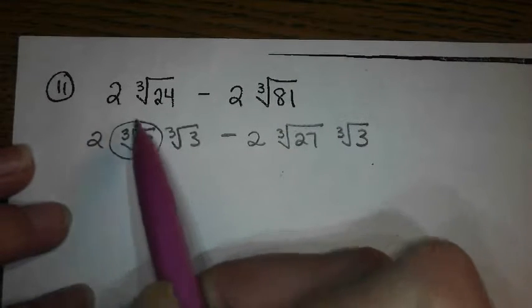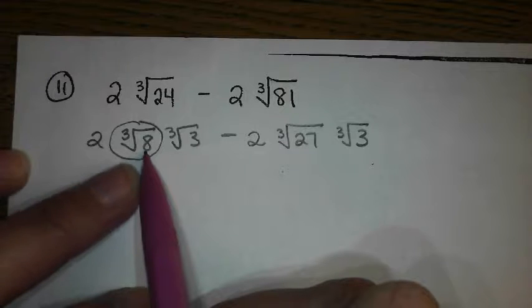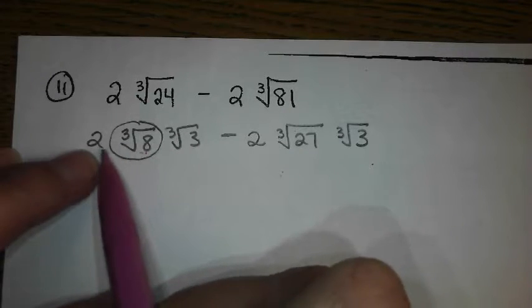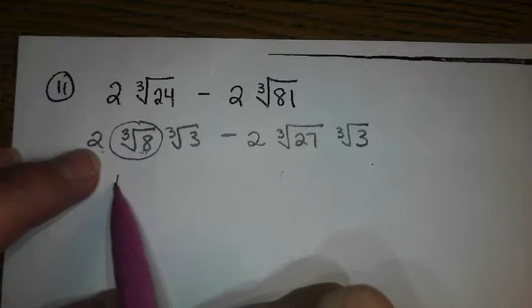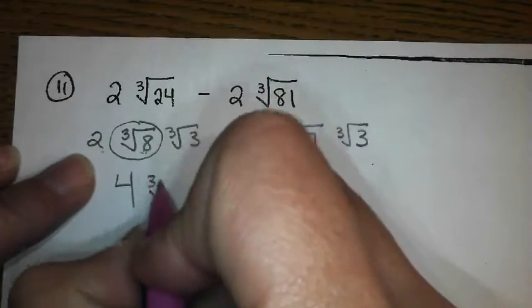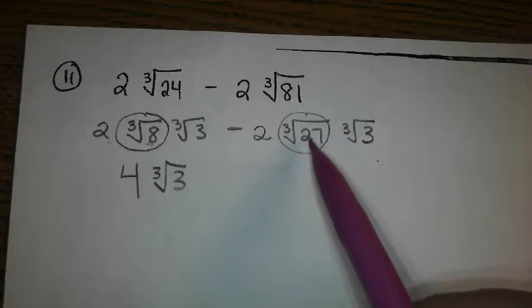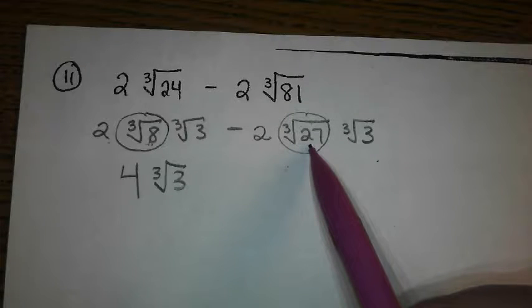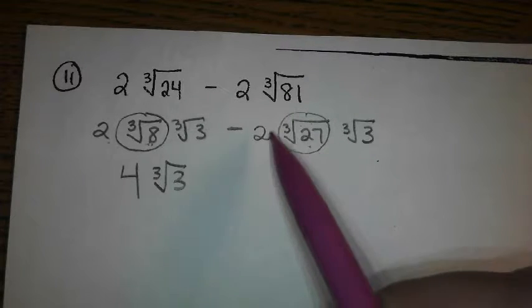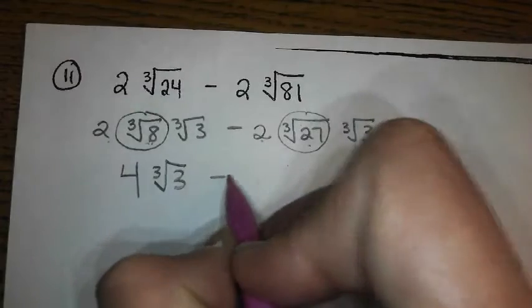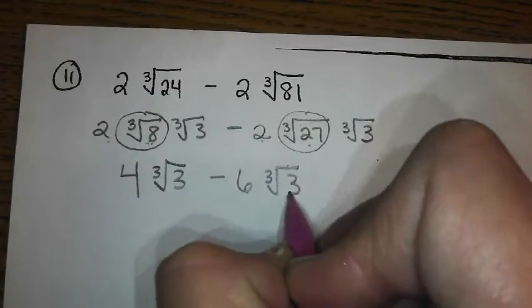So what is the cubed root of 8? 2 times the 2 that's already there is going to make that 4 cubed root 3. And the cubed root of 27 is 3 times the 2 that's already there will be minus 6 cubed root 3.